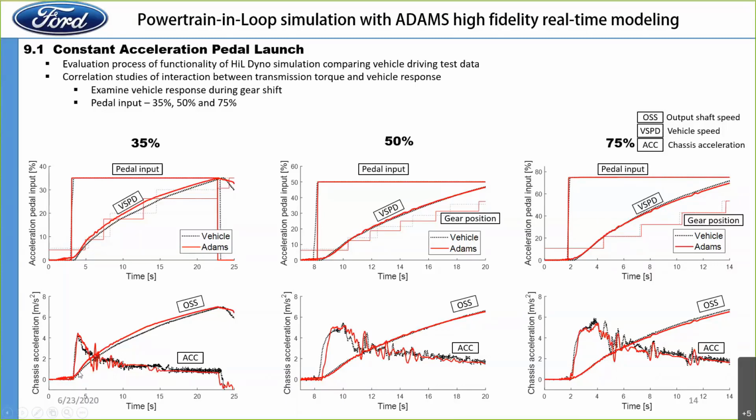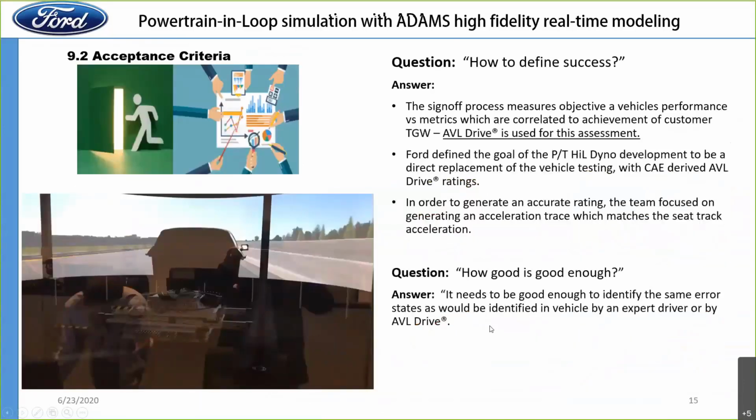You will see here the vehicle acceleration follows well with the black line from the vehicle measurement, which is the shift quality we are most interested in. The peak level, the bottom, the peak and the valley, represent the vehicle.